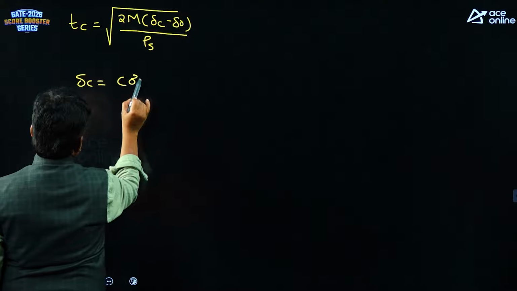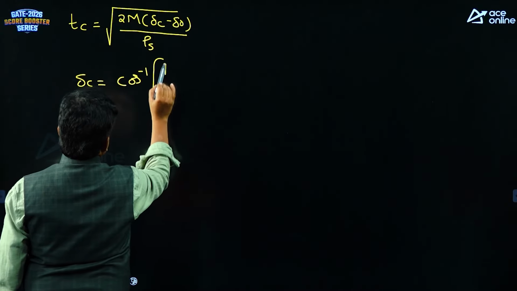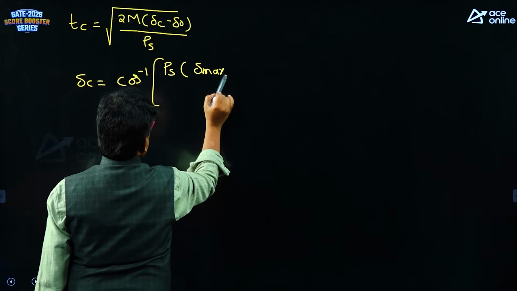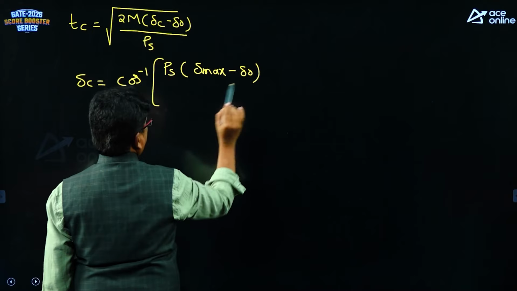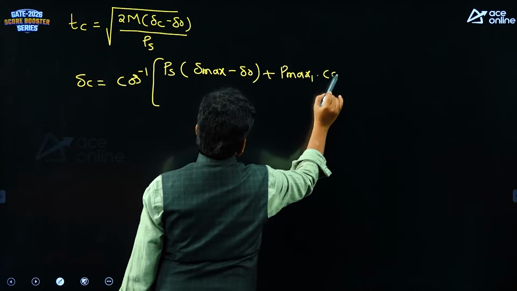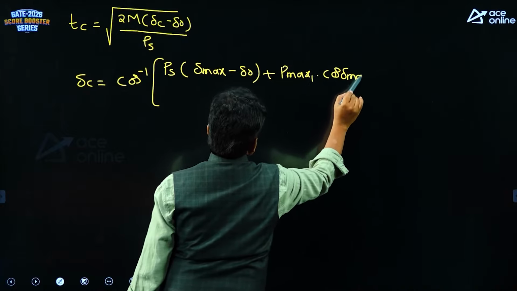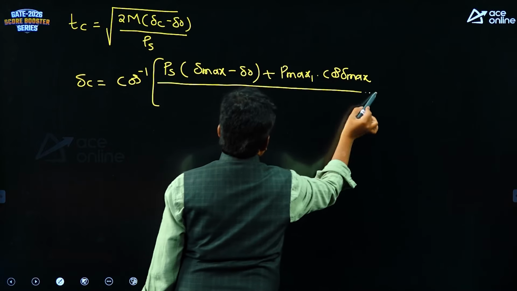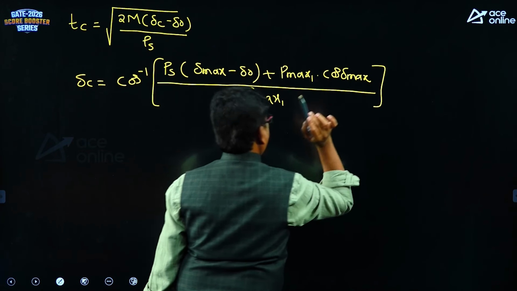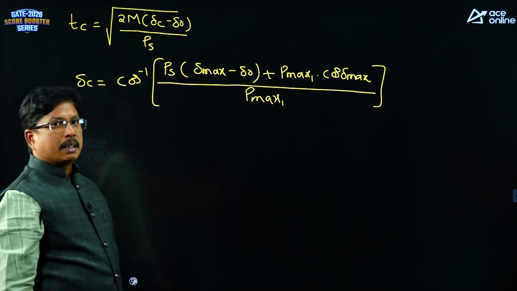It is cos inverse of Ps into delta max minus delta naught in radians plus P max 1 cos delta max, divided by P max 1. Why? Because the fault is at the terminals of the generator.